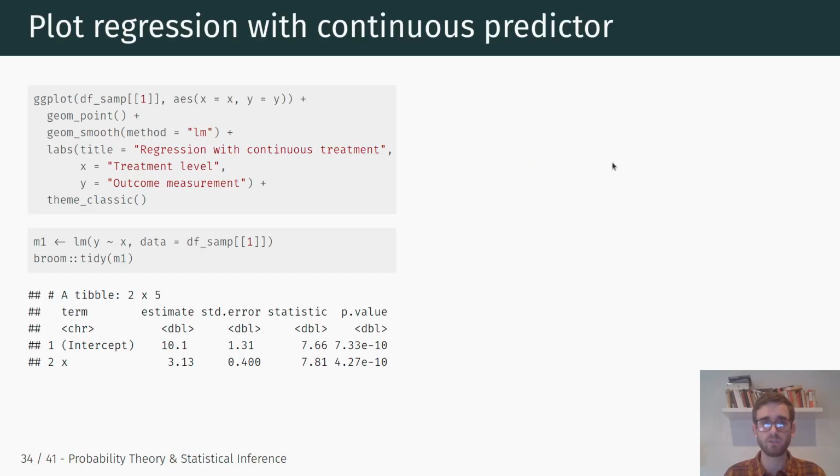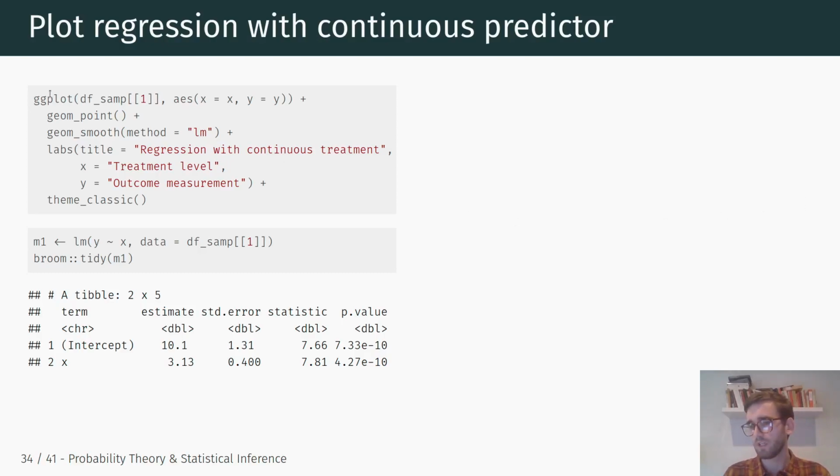The next thing we have to do is run a regression and plot that regression. The first thing I'm going to do is replicate the initial regression plot that you already saw in the textbook, where we talked about continuous predictors in the context of the simulated experimental data.